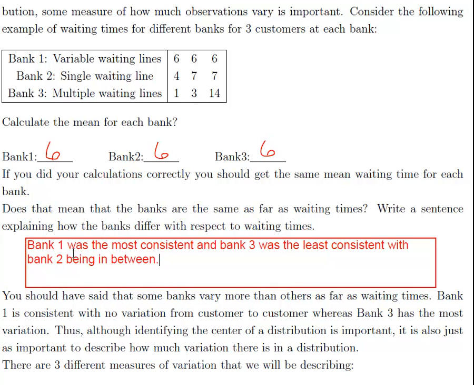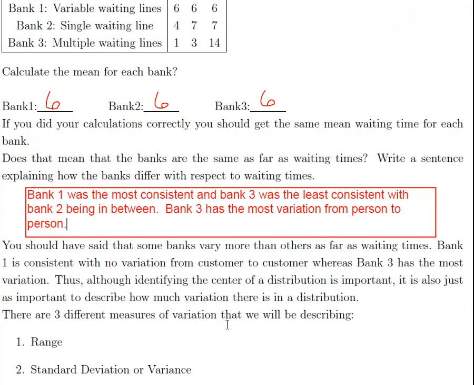Okay, so we could say bank 1 has the least variation in waiting time from person to person, and bank 3 has the most variation from person to person with regards to waiting time. Okay, so we're just going to describe some ways to quantify that.